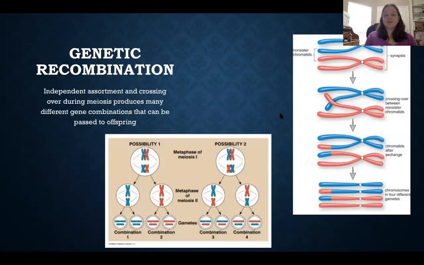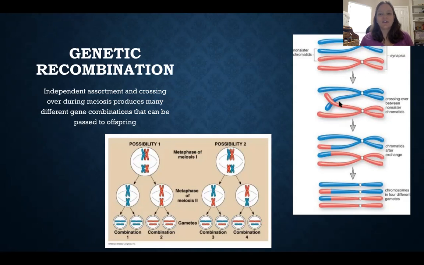Genetic recombination, which we talked about in chapter 11 with crossing over, provides variation because we have these events that can change how our genes are organized. Which genes are we getting and which ones are we passing on?